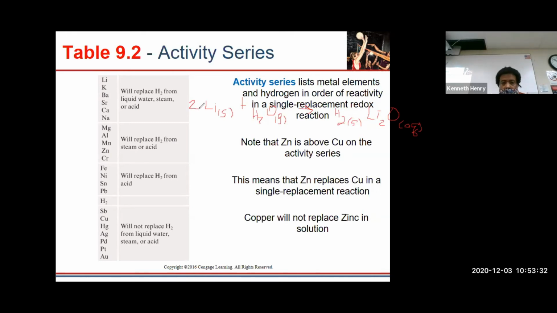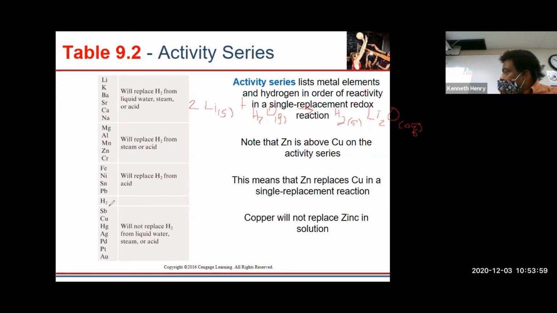Okay, so in the second box, all of these metals can replace hydrogen in steam and in acid. And in the third box, all of these guys can replace hydrogen only in acids. So if you had water, it's not going to replace it. If you had steam, it's not going to replace it. It's only going to work in acids.